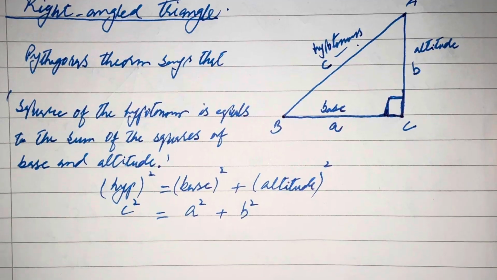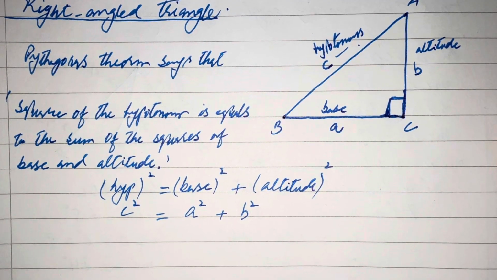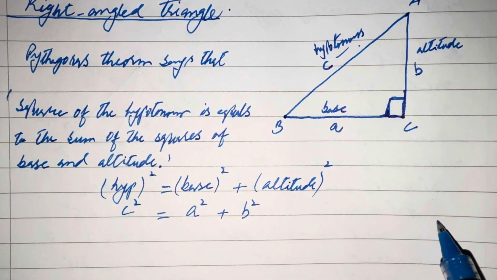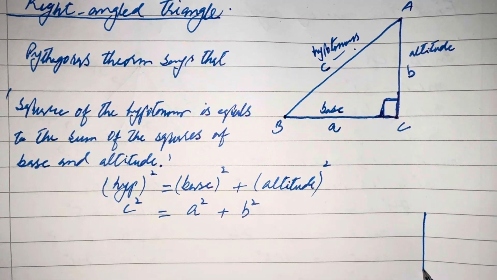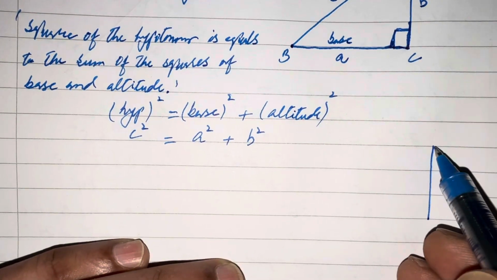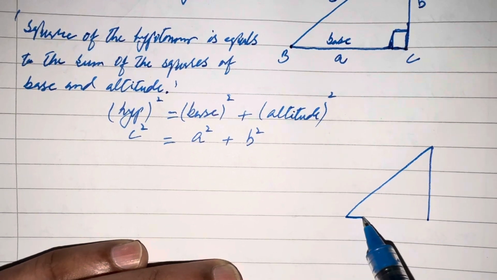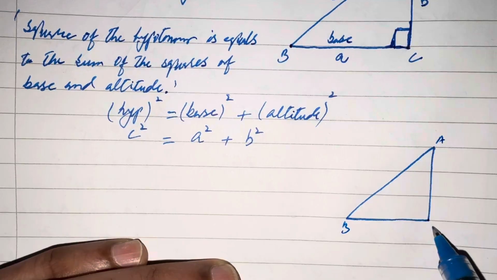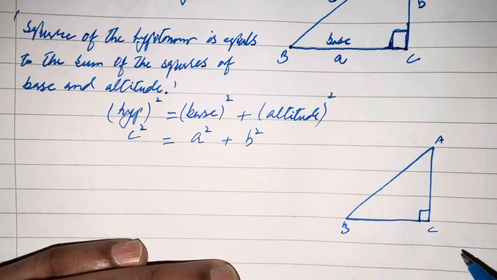Let's take a small example. Say there is a right angle triangle, and I draw a right angle triangle over here with vertices A, B, C, and C having an angle of 90 degrees.